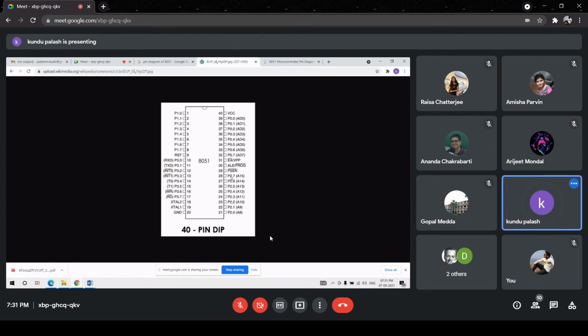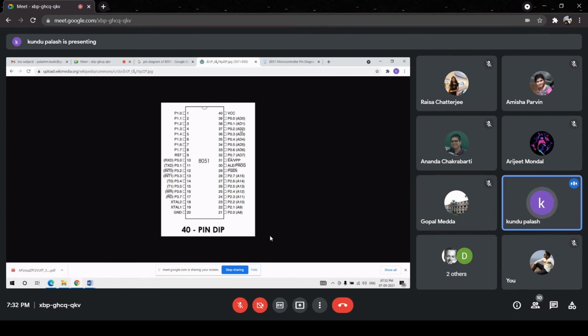Port 2 is of multifunctional nature, means it can be used as a simple input-output logic, as well as, within bracket, for higher address bytes, designated as A8 to A15. But port 0 is used for the lower address byte, AD0 to AD7.